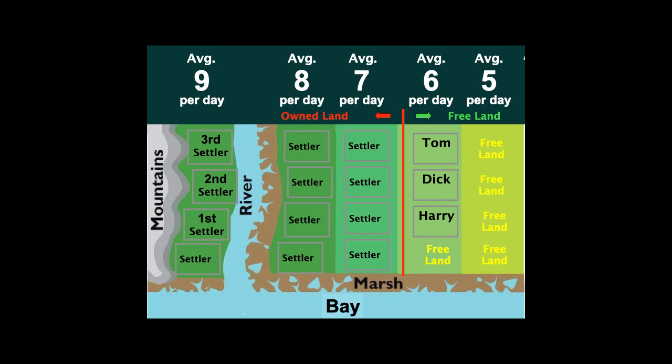She says, Tom, Dick, Harry, how much will you offer me to use my land? I got enough land for one family. Well, if they were all average workers, it really would offer approximately the same thing. But let's try and make it as realistic as we can and say that Tom can only produce half of what the average person can produce, and he can produce $3 on the land that's free, where he keeps everything, it's his, or $4.50 a day on the very best land like our first settler has.